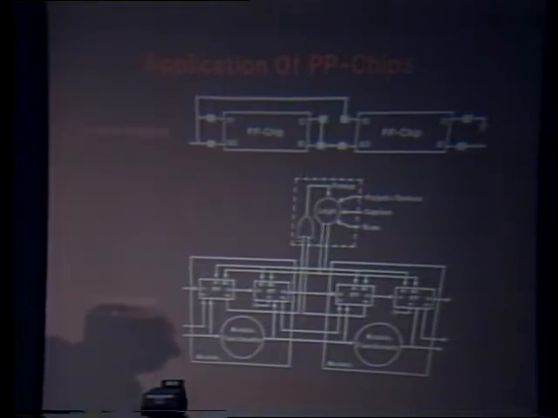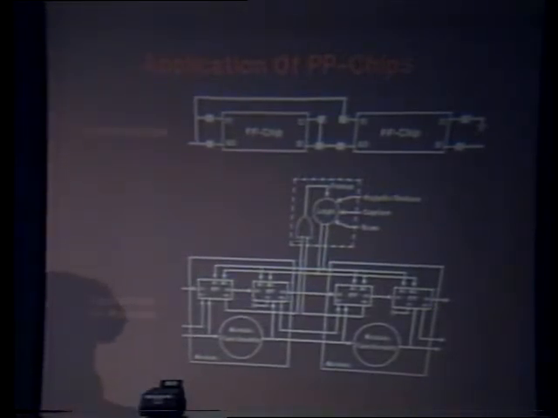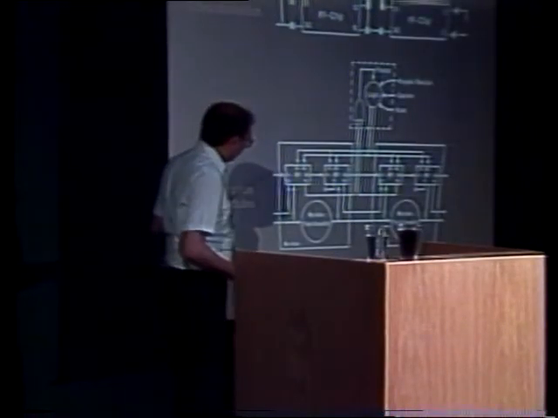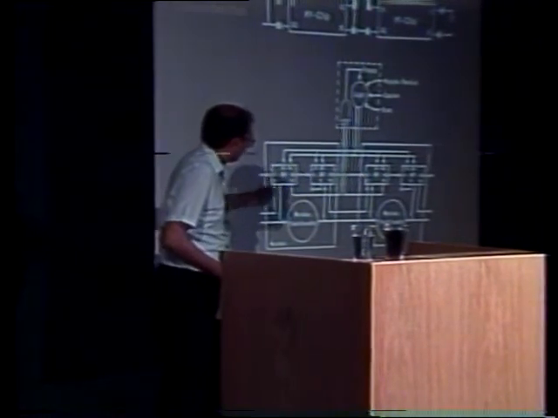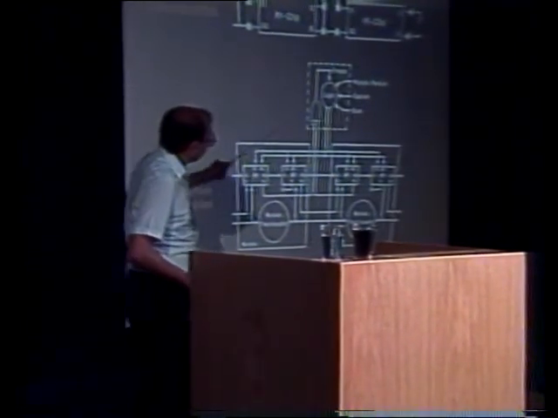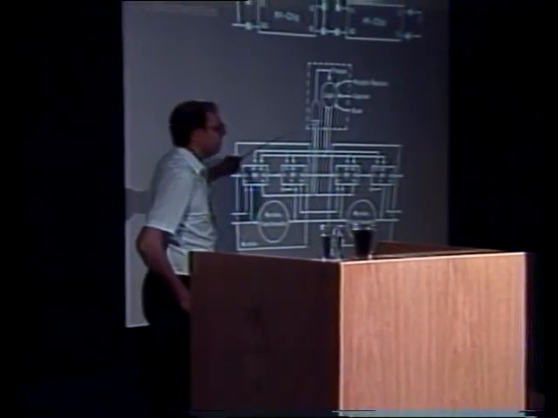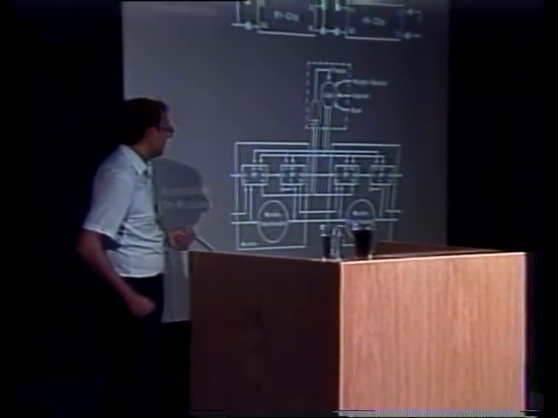But let me show you the application of the PP chip. If there were parity checker generator chips on the board, we simply remove those and replace them with these PP chips. And we connect them up for the scan operation. On the side, we may have to add some board level logic to give us the feature of symptom directed diagnosis.